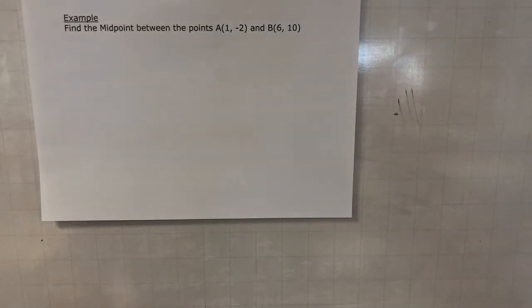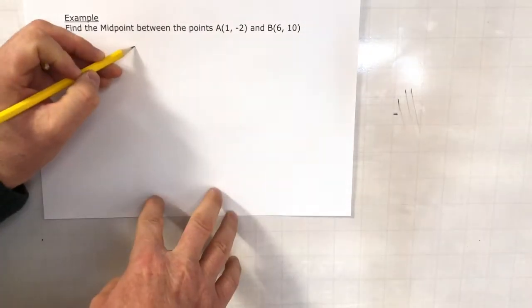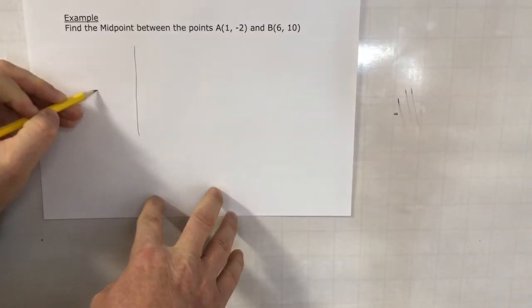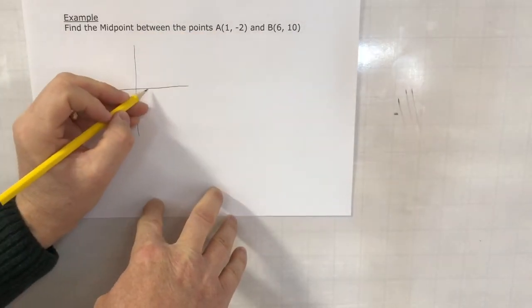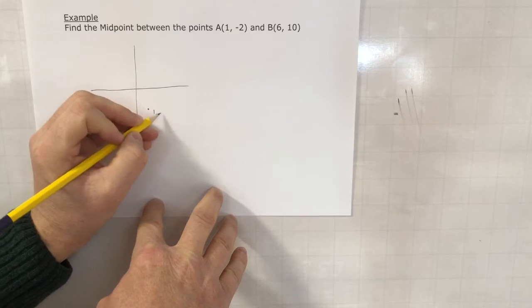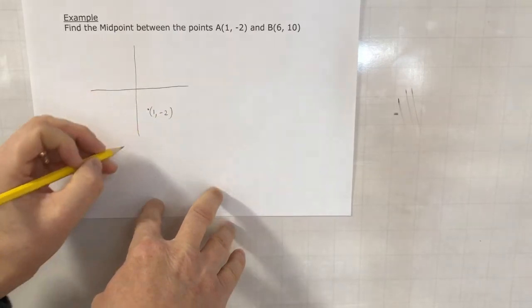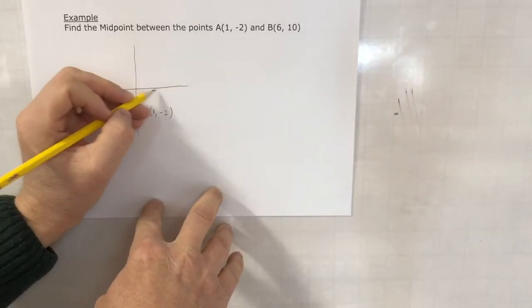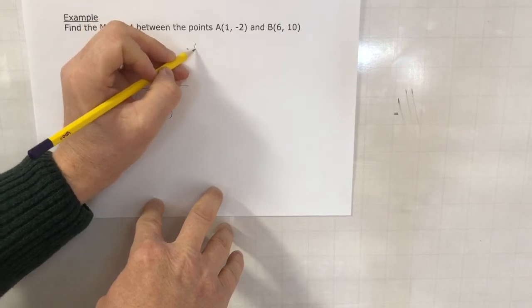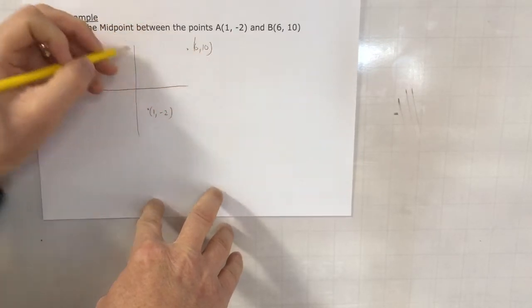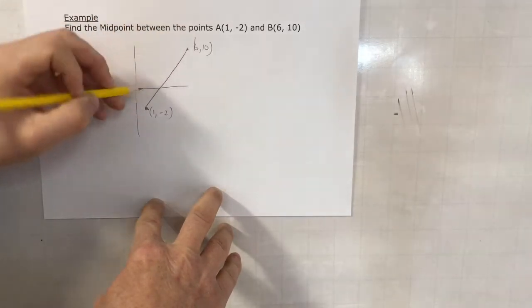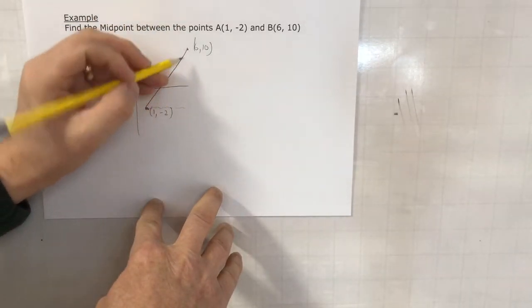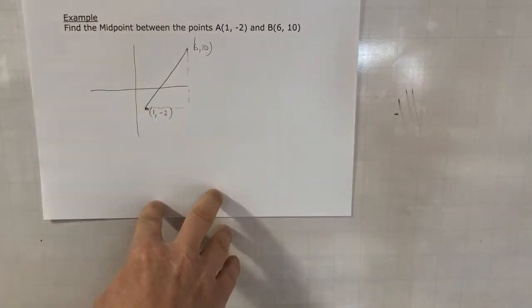So no sketch given, we can establish the distance by arguably drawing a quick sketch. 1, -2, 6, 10, 6 across, 10 up. So to work out that distance from there to there, we can see how far across we've gone, how far up we've gone, and we're away.